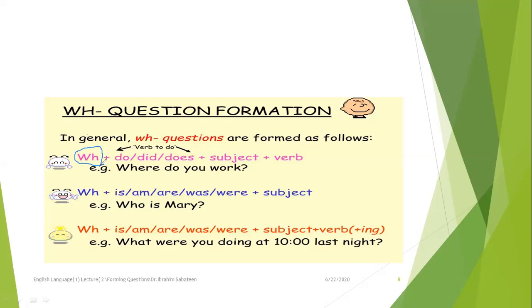Then we have to write the auxiliary verb, which could be a form of the verb to do, the verb to be, the verb to have, or modals.